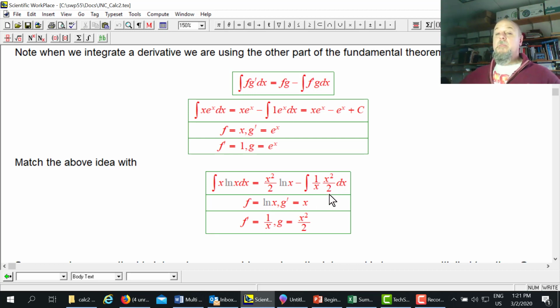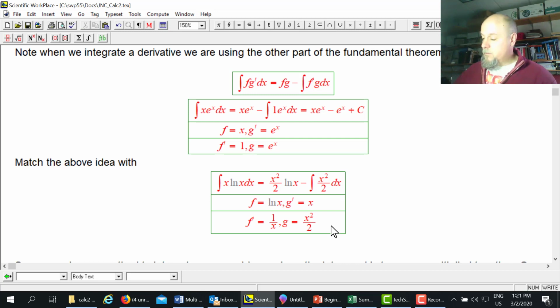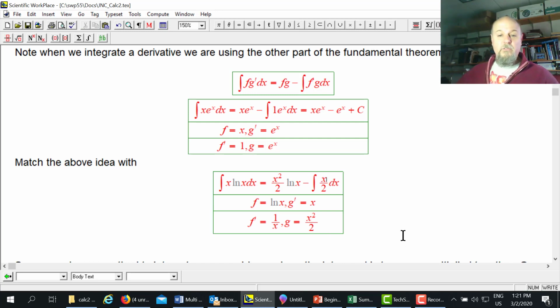That's the question. This technique is working if my resulting integral is easier. And it is, right? Because I can cancel this x on the bottom with this x squared on the top. I can write this as just x over 2 if I cancel it, and now I can integrate that. So let's do our integration then.